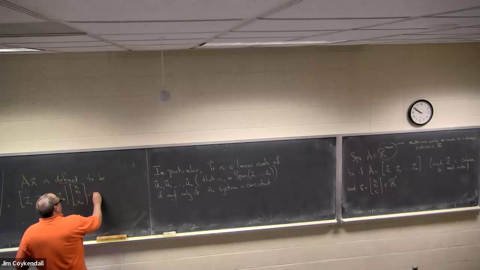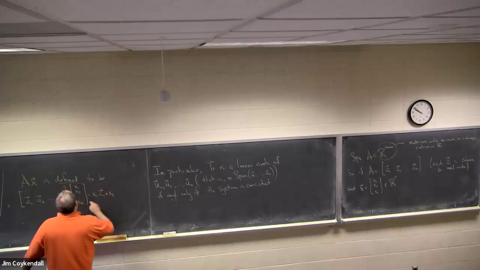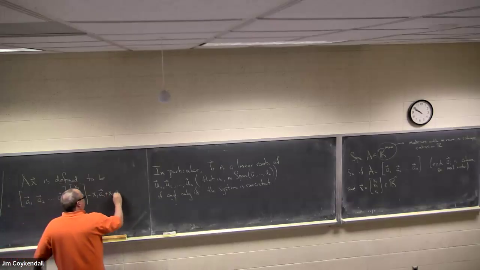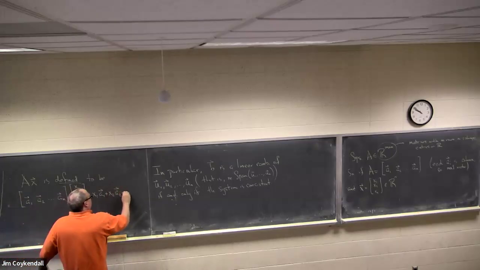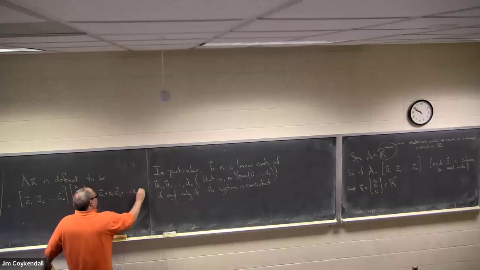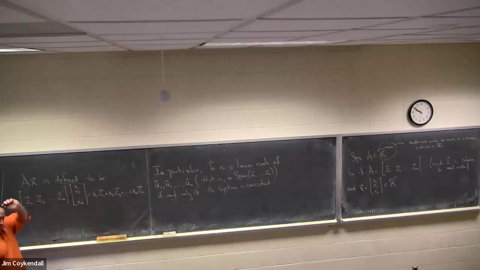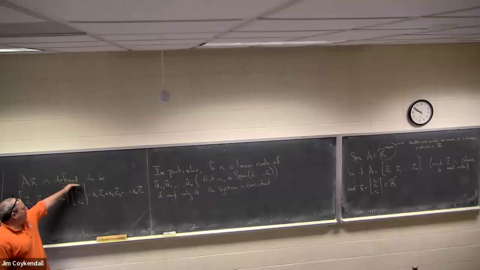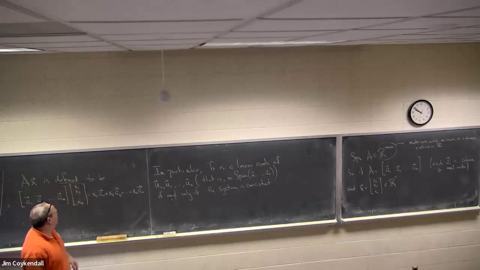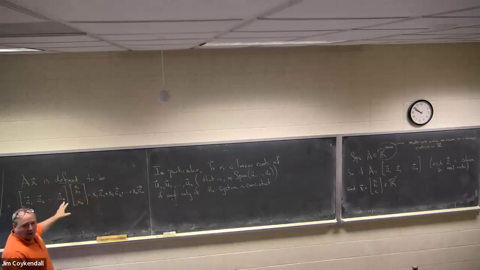So it is x1 times column A1, and then the second entry times the second column, and so forth and so on. Notice this vector is in R^n. You need the number of rows here, n, to match the number of columns here, right? For this to make sense.